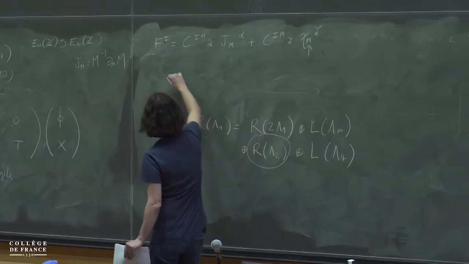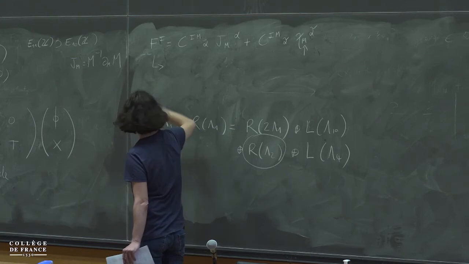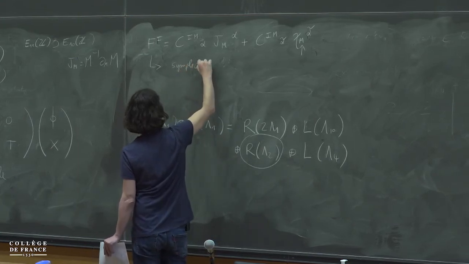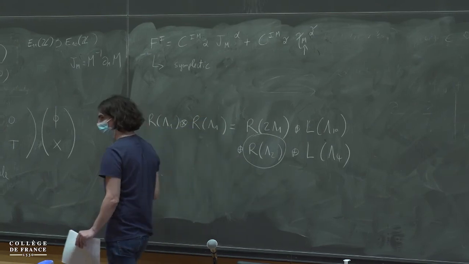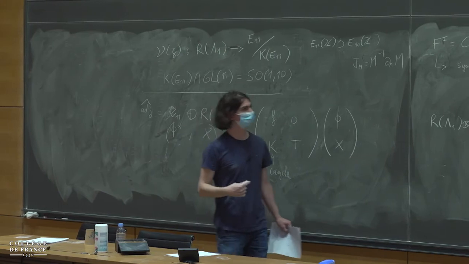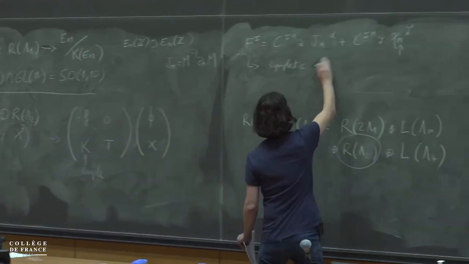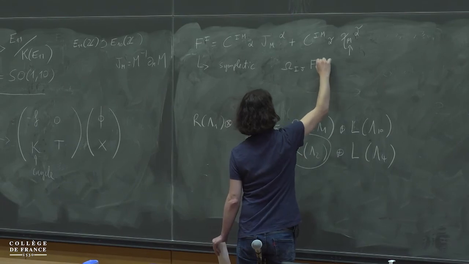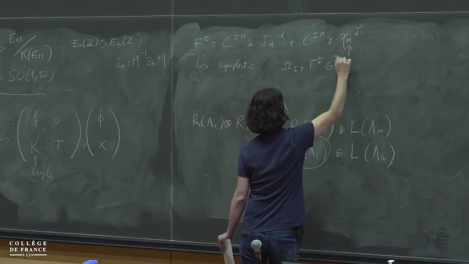But this representation now has a very nice property, which is that it is symplectic. So there is a non-degenerate invariant E11 bilinear form on this space, which you can write as omega ij fi gj.